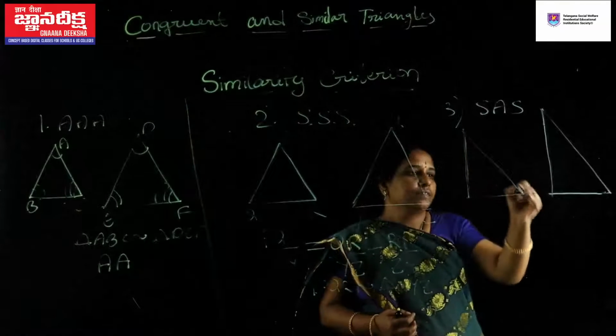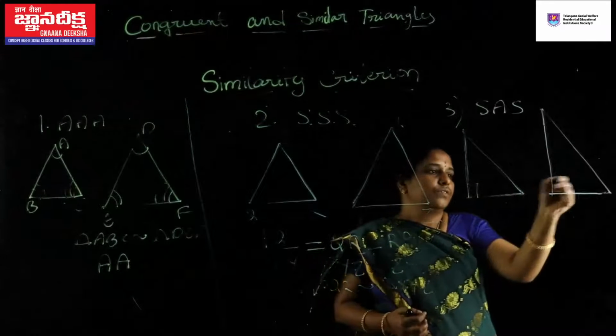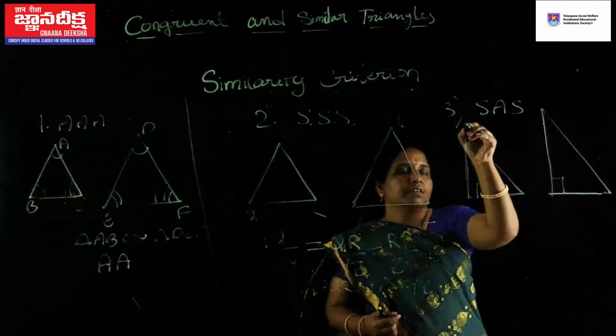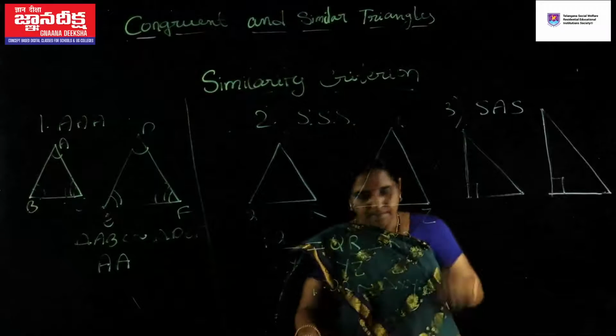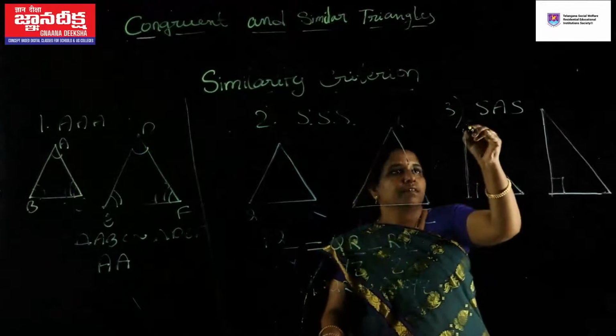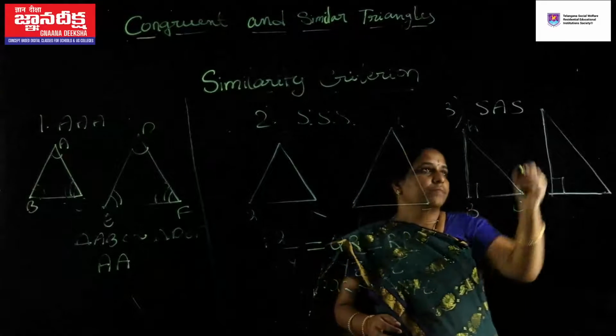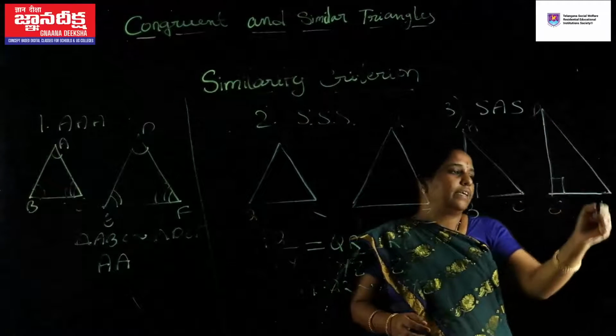Two right angle triangles. So these two angles are equal. Let us name it as ABC, and this is DEF again.